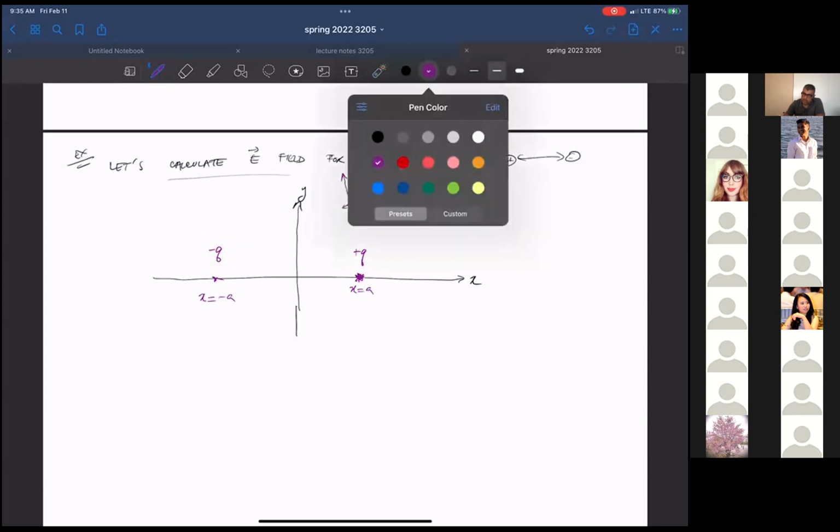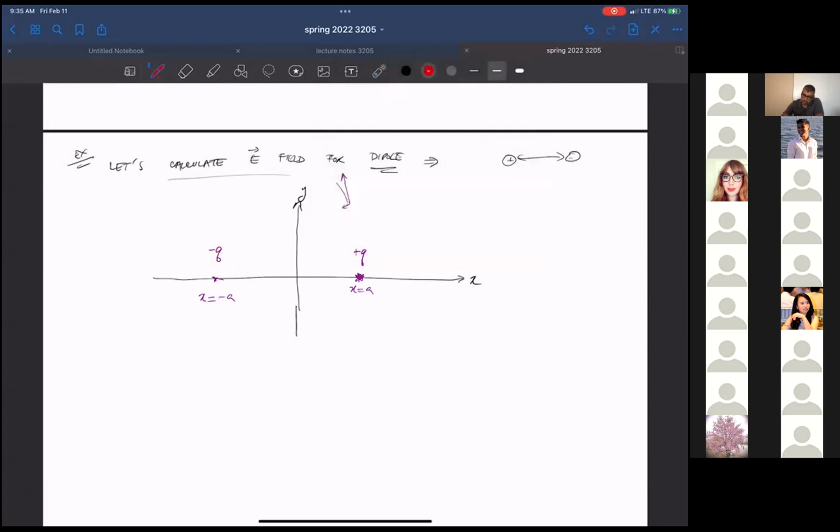I would sum them in vector format and get, I guess, something like this. This would be the electric field here. So I could do that anywhere out here by calculating the electric field vector for each charge, summing them up in vector format, and that gives me the electric field vector at that point.